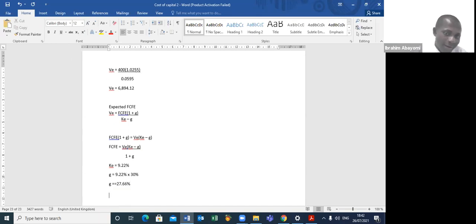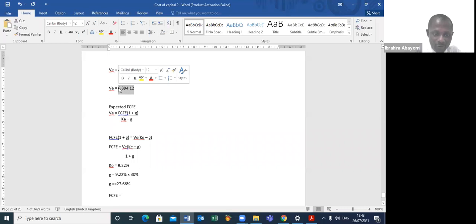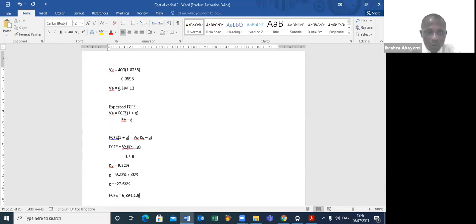So I can now go and apply this in the formula. Free cash flow to equity will be equal to market value of equity. I just copy this one. This is the market value of equity currently. I bring it down. This is market value of equity into bracket cost of equity 0.0922 minus the growth rate. Is this correct?